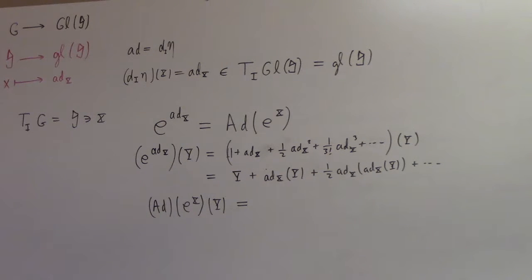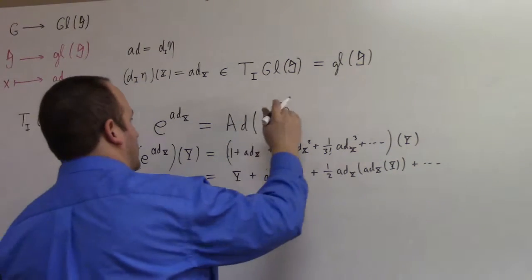It can't be ad sub e to the x, that doesn't make sense, e to the x is in the group. It has to be like an eta. I think it's the eta function.